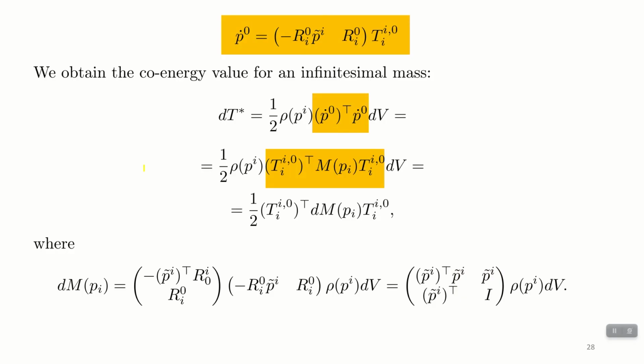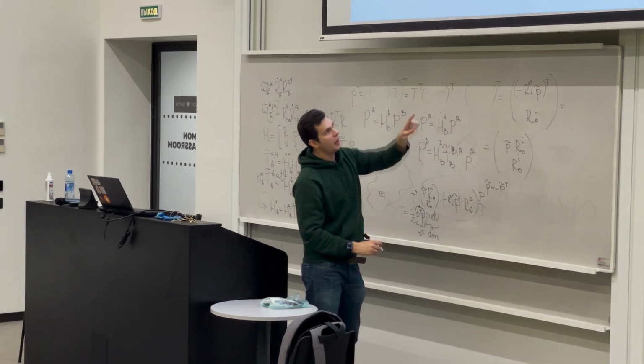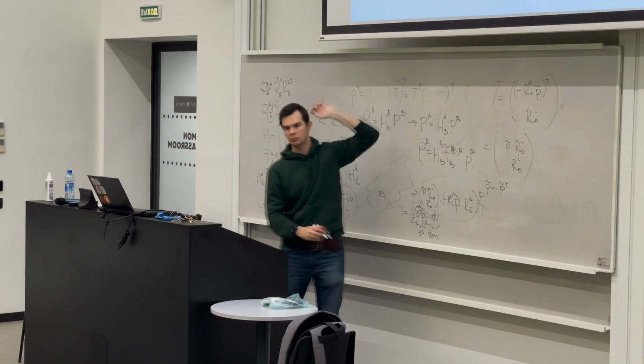So this is the transpose part, not transpose part. And we just took this part. We multiplied it with the rho and with the dv, and we call it dm.